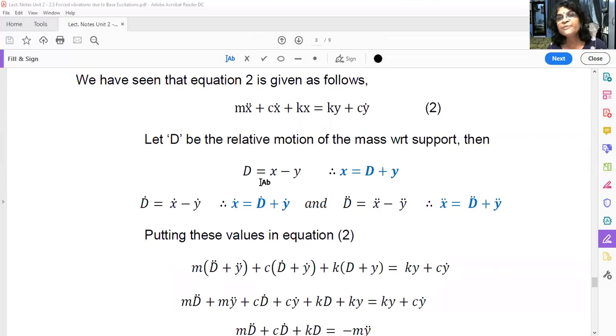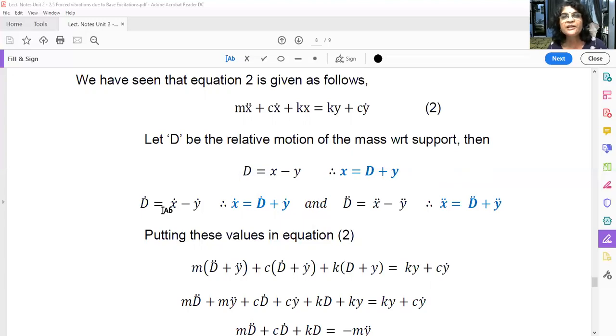So what do you mean by capital D? It is equal to x minus y. It is the relative motion, the motion of the mass with respect to the support. This is a very general term. Capital D is equal to x minus y. Therefore, x is equal to D plus y, taking this y on this side.